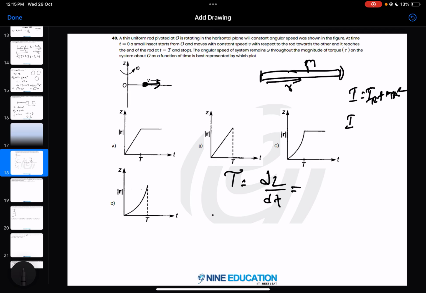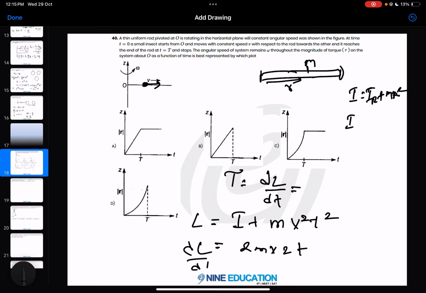Right. Now what is angular momentum? Angular momentum is moment of inertia of rod plus m r square. Now what is this distance r? It is simply v into t, velocity into time, which will be v square t square. So when you differentiate, you will get 2mv into 2t. So dL by dt is proportional to time.